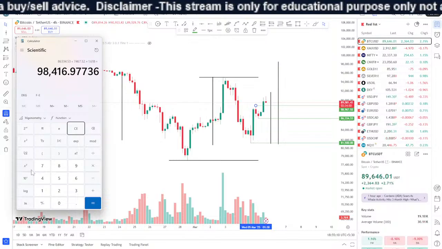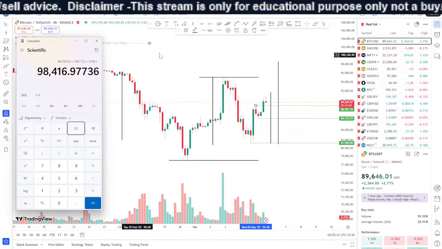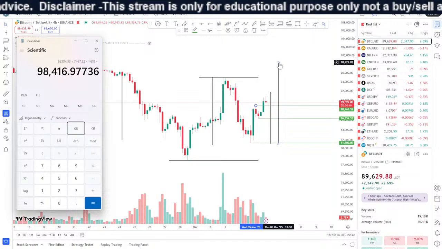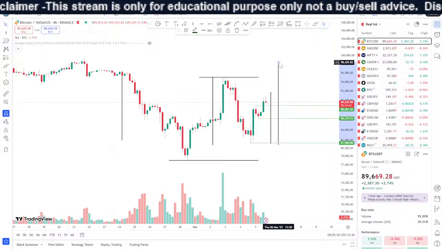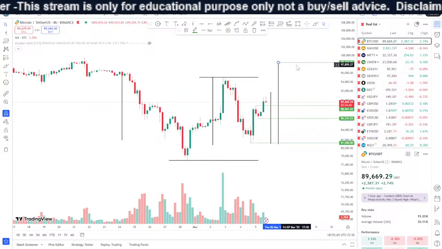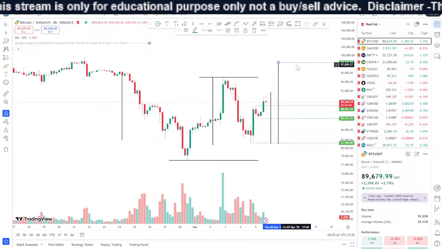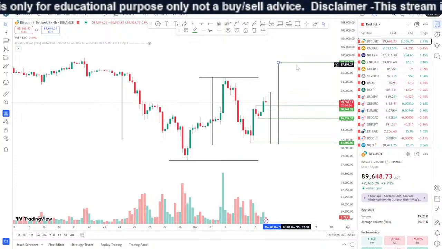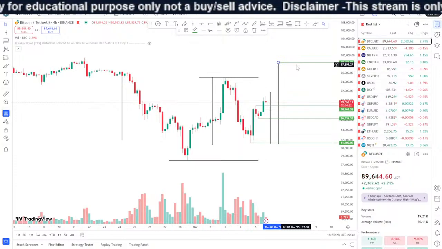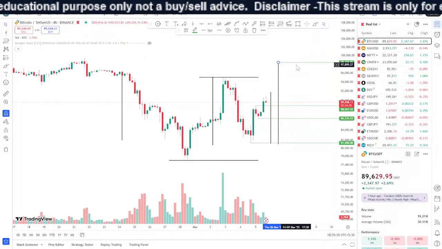What is the number we are getting? 98,416. Okay, so this is the number that we are looking for at the current stage of the movement, where our previous supply is matching our current mathematical number, right?